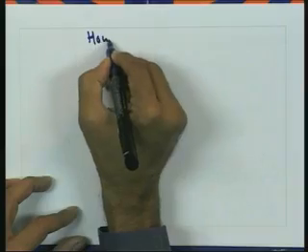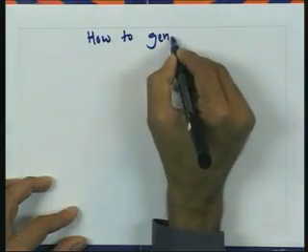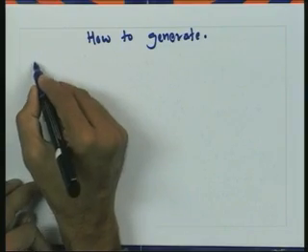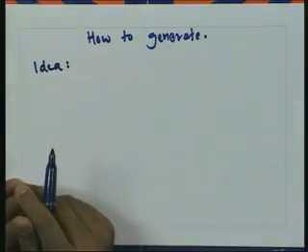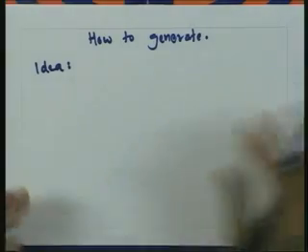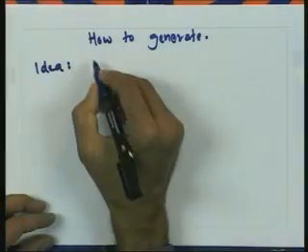So, how to generate all possible objects. The basic idea is, think of the object that we want as a collection of parts or a collection of slots.